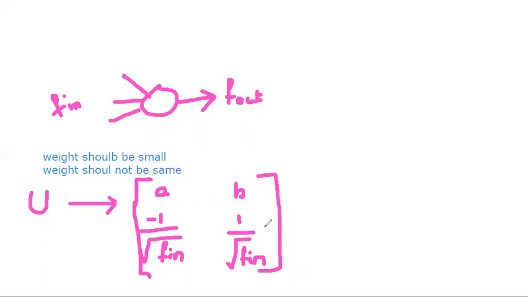After this, we have one more distribution, called the Xavier or Glorot distribution. For weight initialization, we have one more method called Xavier or Glorot distribution. If you follow this distribution, the formula will be different.